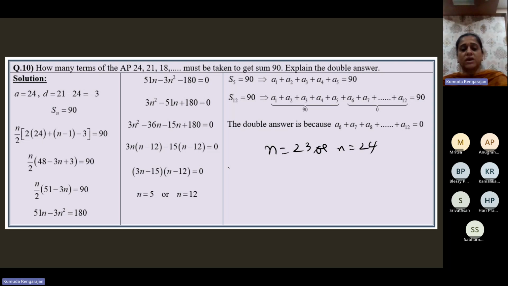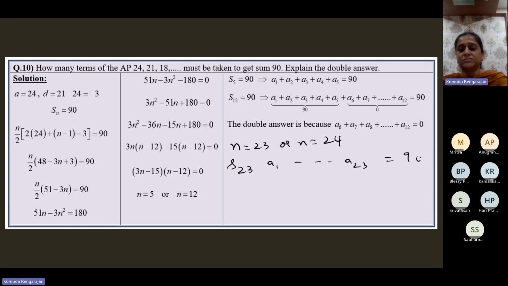So A1 till A23, the sum is whatever, some sum, okay? I'll take 90 itself. So supposing n is 23 or n is 24, okay? So n is 23 means S23. That is A1 to A23. The sum is 90. S24 is A1 to A23, A24.